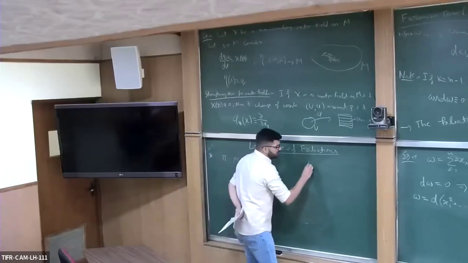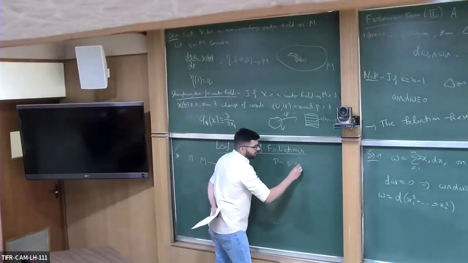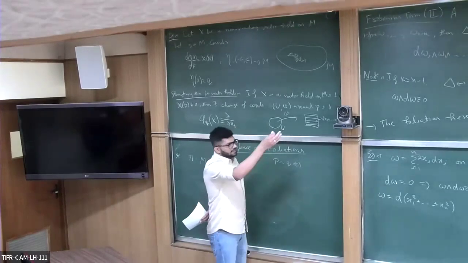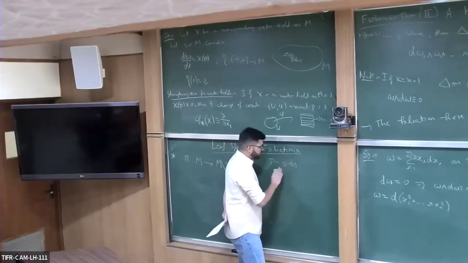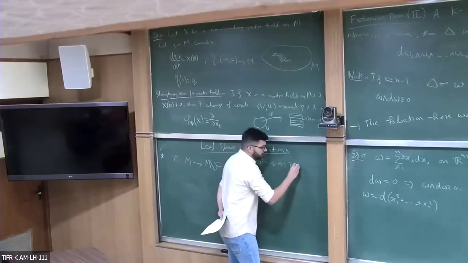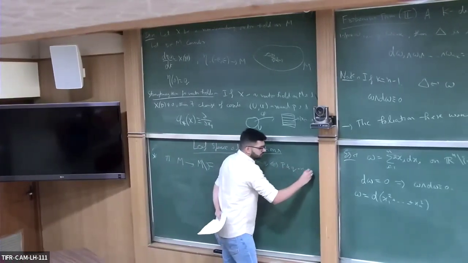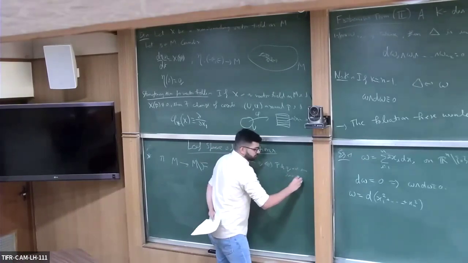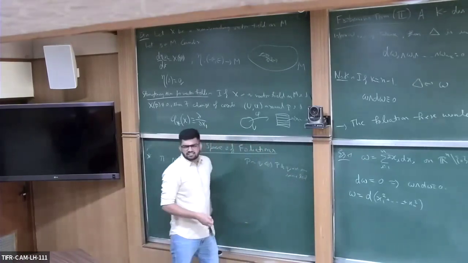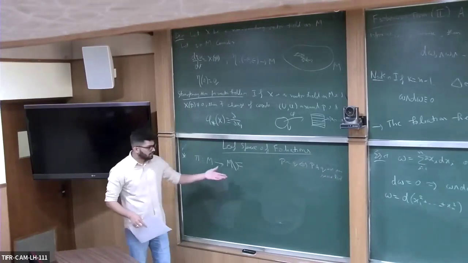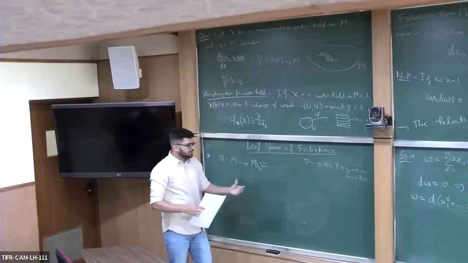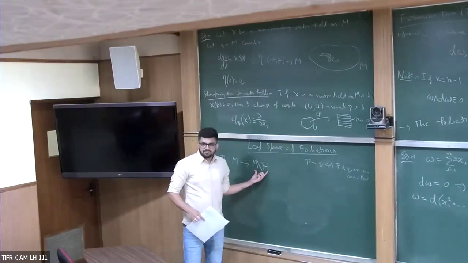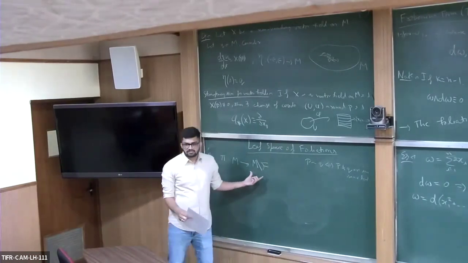Remember, I said P and Q are equivalent; I gave that in the definition of plaques, but now we know what leaves are. Two points are equivalent if and only if P and Q are in the same leaf. That's exactly how we define a leaf. So this is the quotient map corresponding to this, and this is the space of leaves, the space of equivalence classes.